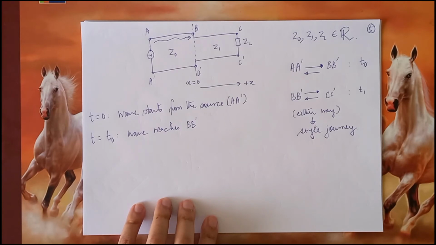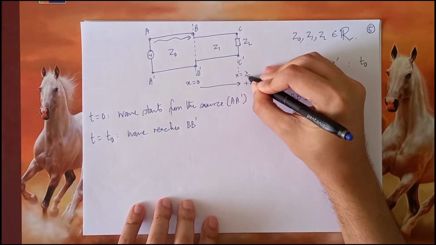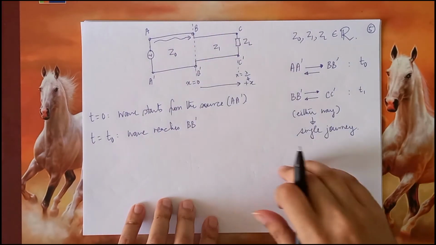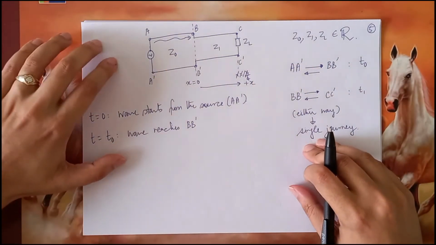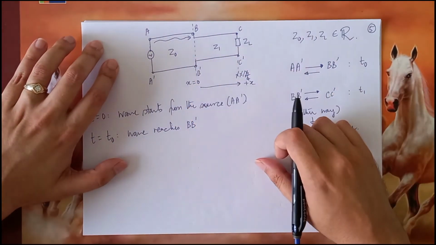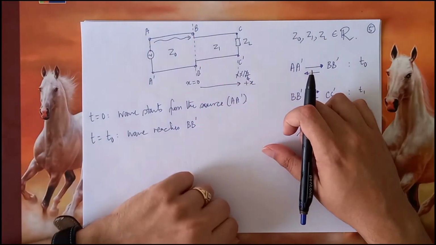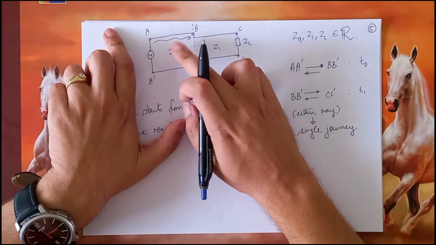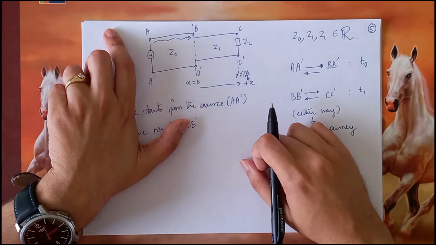So this point will be x equals lambda by 4, because this is supposed to be a lambda by 4. Or let's not put anything over here for the time being. Let's say that this has some arbitrary length. Now coming back to our discussion in hand, when the wave strikes this point, it is essentially trying to cross a boundary from one transmission line into another transmission line.